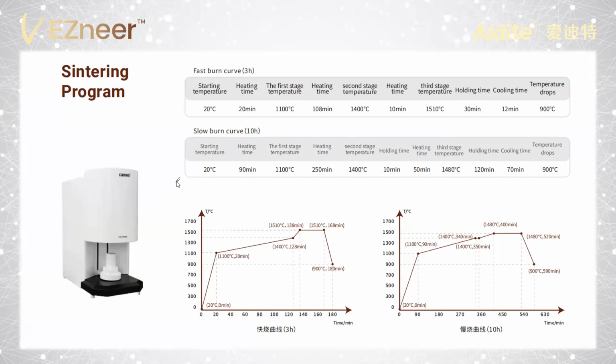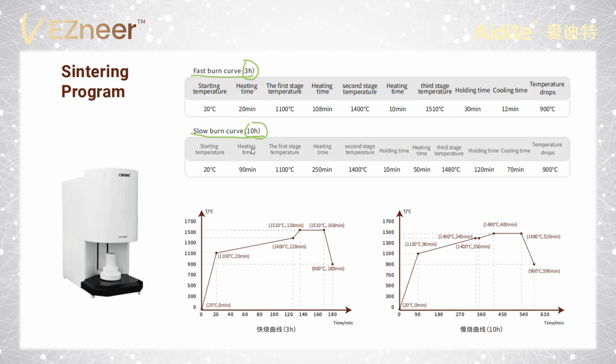We come to the sintering part, and our sintering program, like the picture shows, has two sintering curves for the EZneers. The first one is the fast sintering curve. It takes only 3 hours. And another one is the slow sintering curve. We need to use 10 hours.